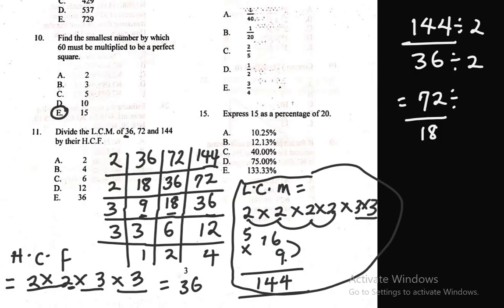We can use 9, we can use 3, but let's continue with 2. 72 divided by 2 is 36. And 18 divided by 2 is 9. Now 36 divided by 9 is 4. Alright, we are done. If you look at the options, the correct option is B, which is 4.